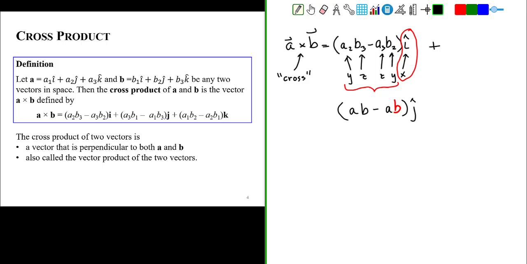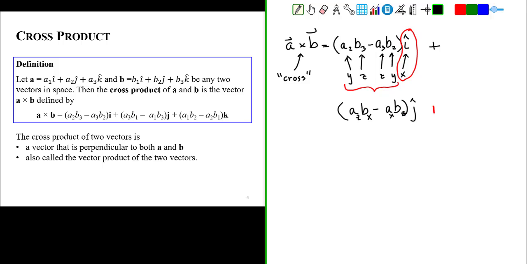So in this case, it must be the z component of vector A multiplied by the x component of vector B, minus the x component of A multiplied by the z component of vector B, such that this term has all three coordinate axes represented.